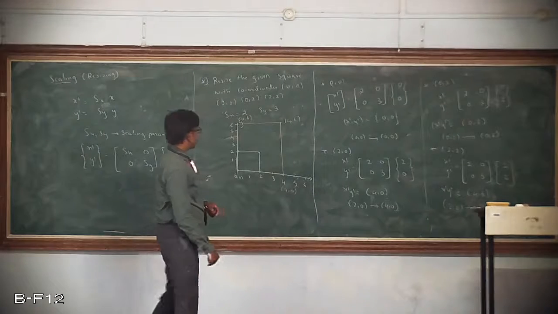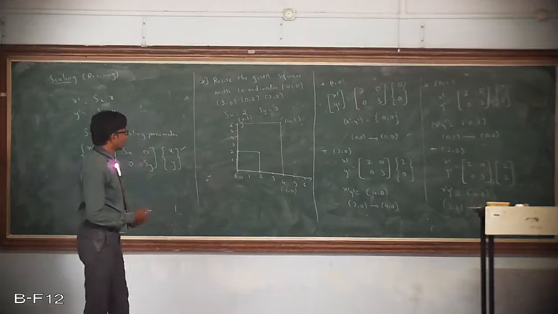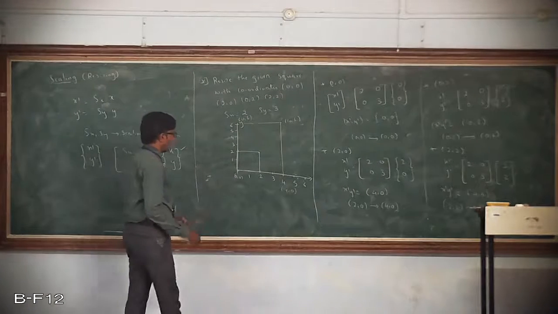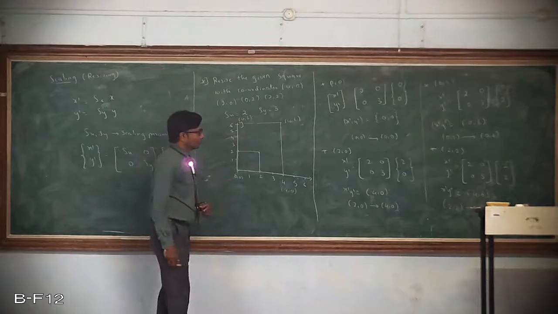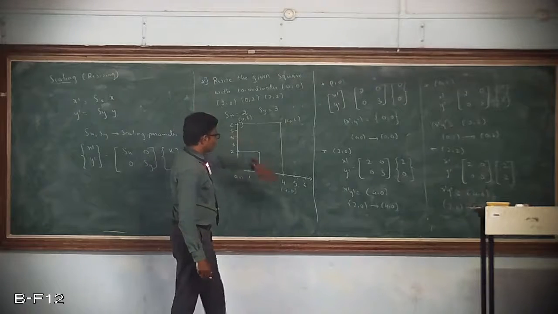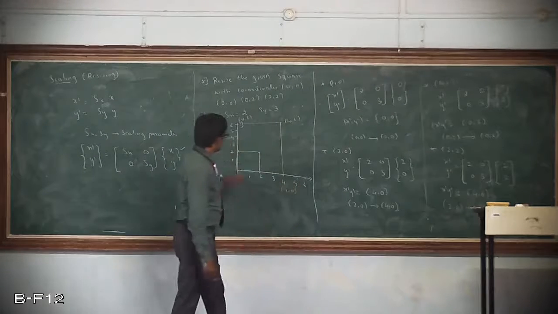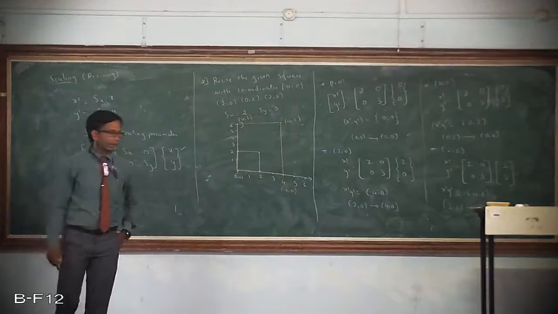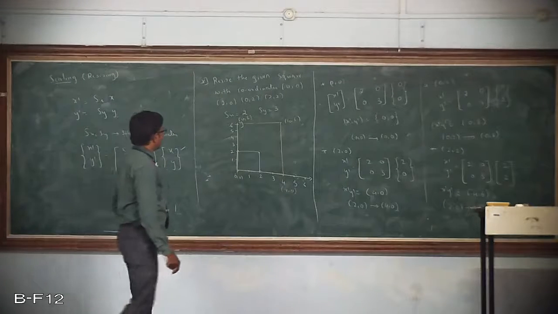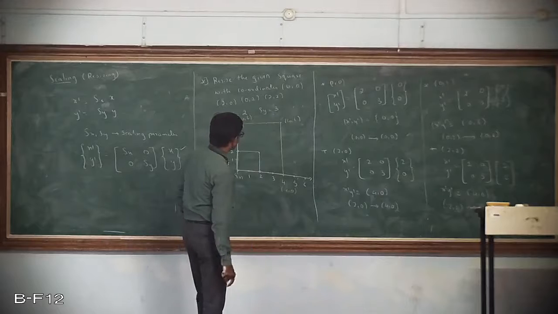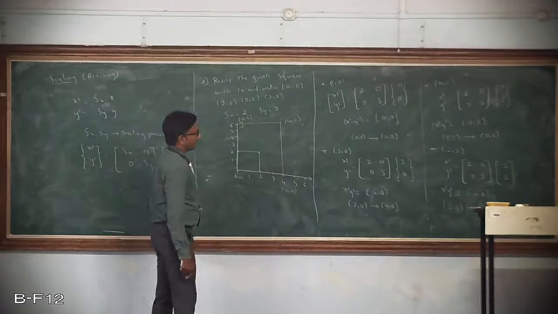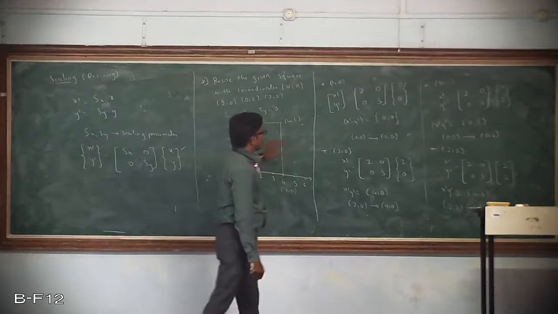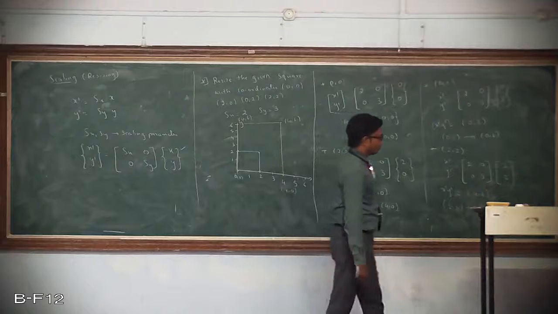Okay, I hope it is clear. We have done the operations here by considering all 4 points. The origin remains as it is, one of the points. The other points have been shifted, and you can see how the scaling of an object takes place here. Okay, it's a very interesting problem. So if you can just go through this, it will be better. You can see all the steps of how it has proceeded here.